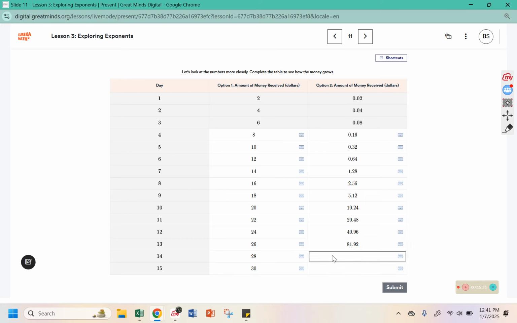And if I double that, I get $163.84. And then if I multiply that times 2, that would give me $327.68 for the last day. So you can see it grows really fast here, from 2 cents all the way up to $327.